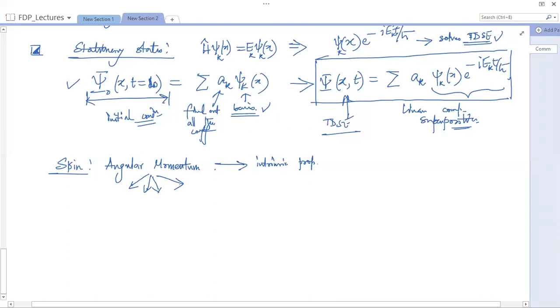You are asking a similar kind of question, right? So angular momentum, I mean, it interacts with magnetic field, because you have an angular momentum, it interacts with a magnetic field if the particle is charged, for a charged particle.